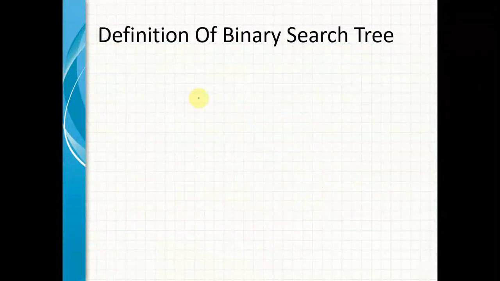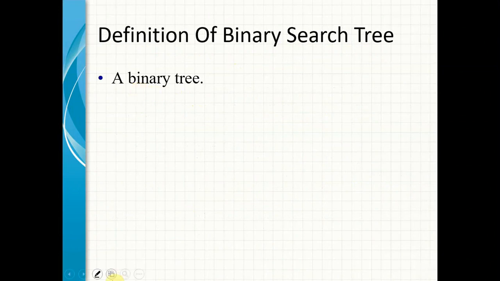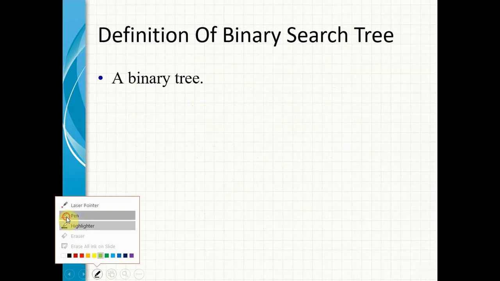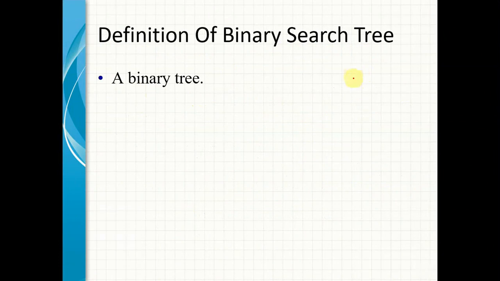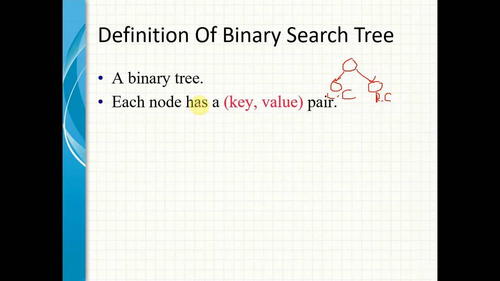Okay, let's see the definition of the binary search tree after we have learned what is key value pair as well as a search tree. First, it will be a binary tree. As you should still remember, a binary tree has the concept of left child and right child.